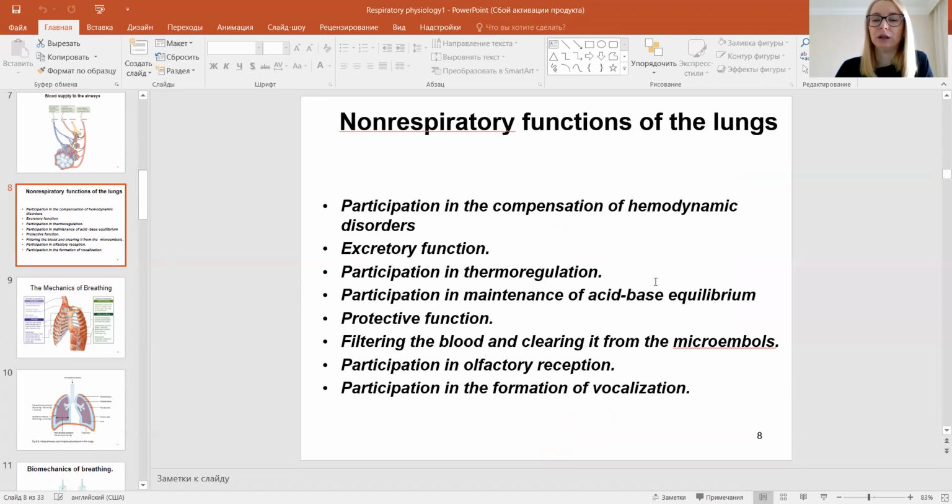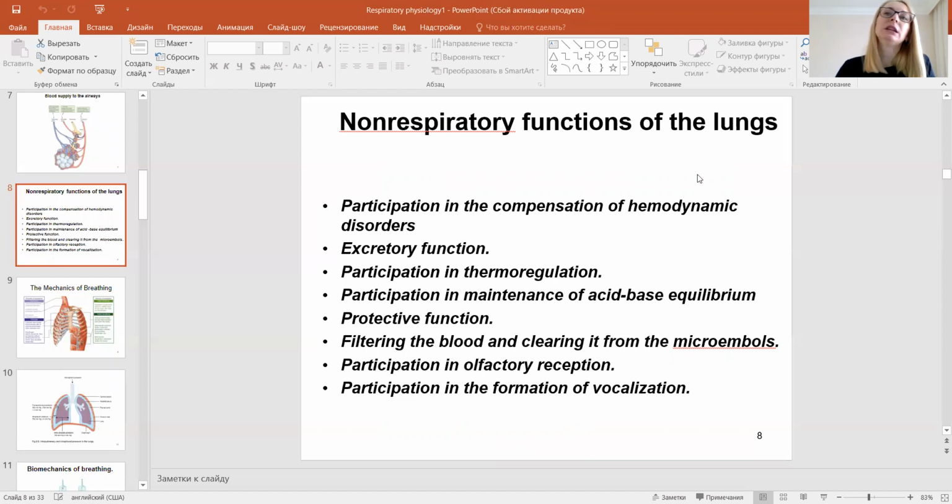Non-respiratory functions of the lungs. Except for respiration, conducting of air, and gas exchange between alveoli and tissue, lungs perform other functions which are called non-respiratory functions.